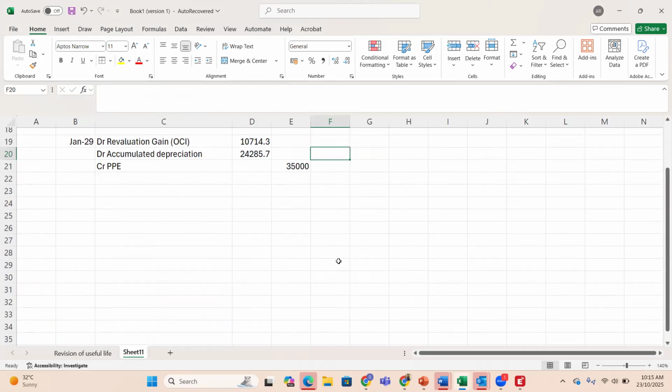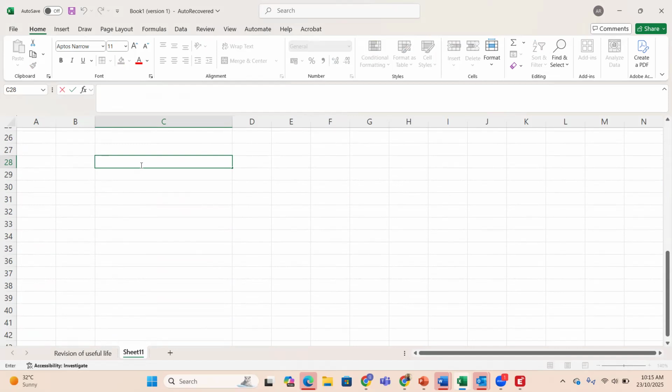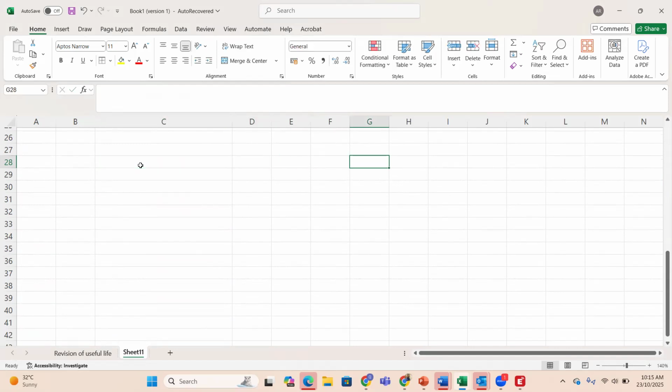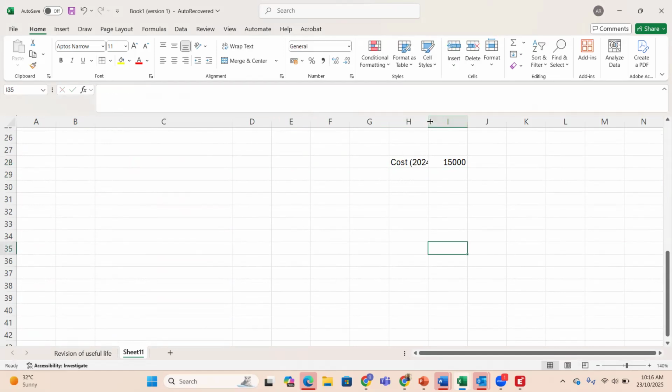So let's take an example that my asset value was 15,000. Okay, my cost was 15,000. And okay, I purchased the asset in 2024. Now what I'm doing in 2027, there has been a revaluation surplus.